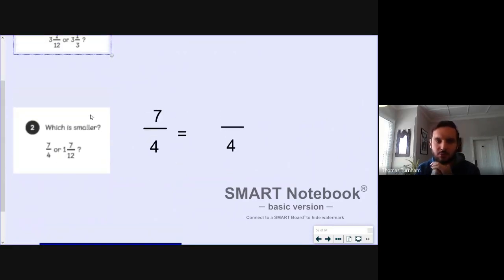Which is smaller here, 7/4 or 1 7/12? Hopefully you've noticed that 7/4 is an improper fraction. What would it be as a mixed fraction? If I have 7/4, how would I write that as a mixed fraction? Brilliant.